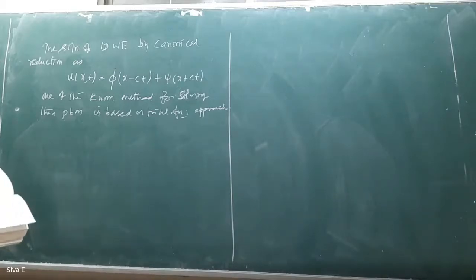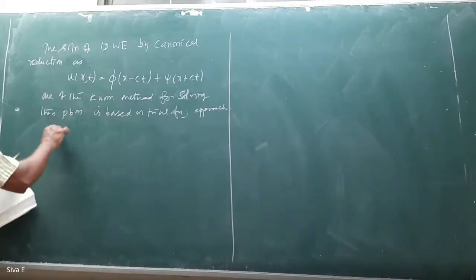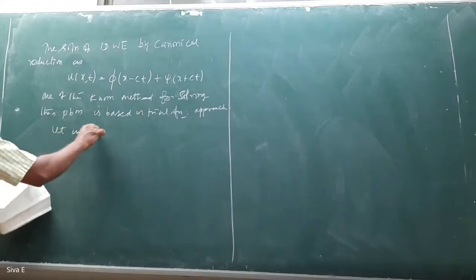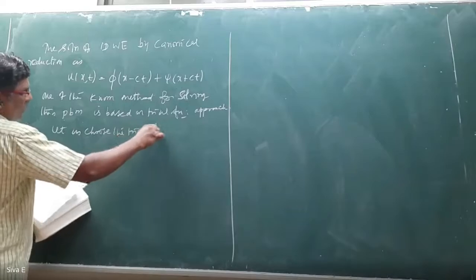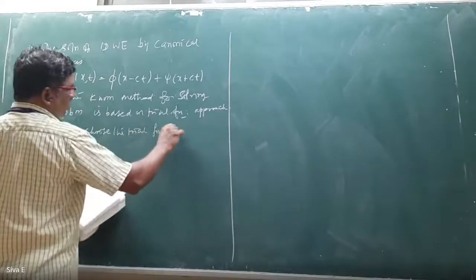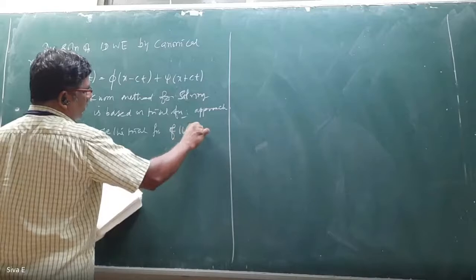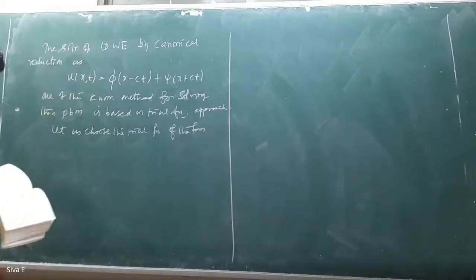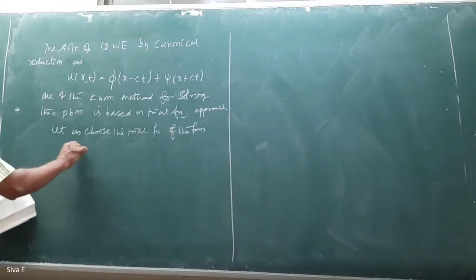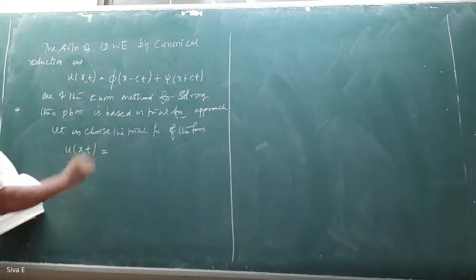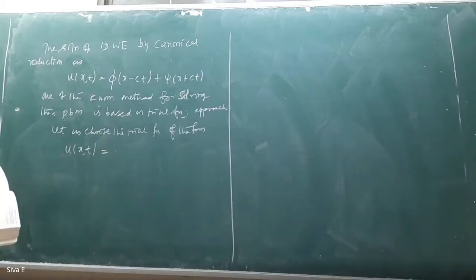So let us choose the trial function of the form u of x comma t. Actually, the wave function is a sinusoidal function.